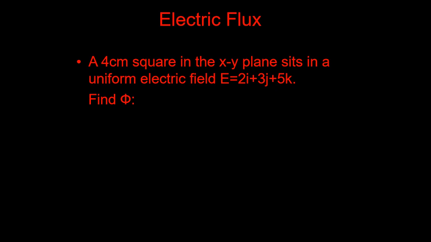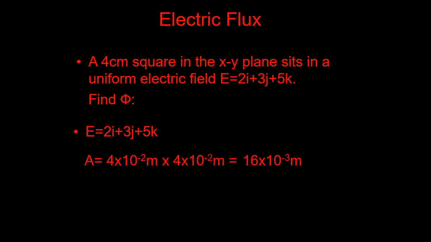Immediately, you should be thinking that phi is equal to EA, and we know this is true. But what component of E is going through area A? Well, we know E is equal to 2I plus 3J plus 5K. Our surface is oriented in the XY plane, which means it's facing the 5K direction.